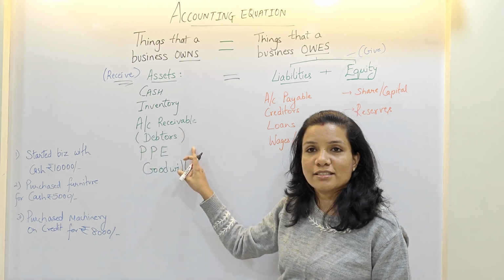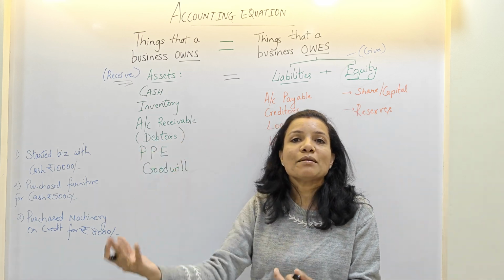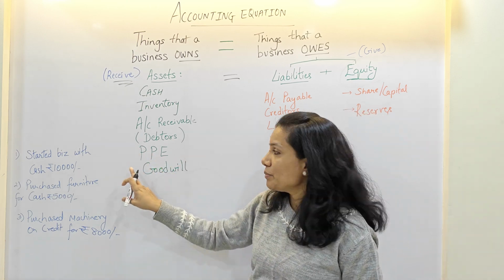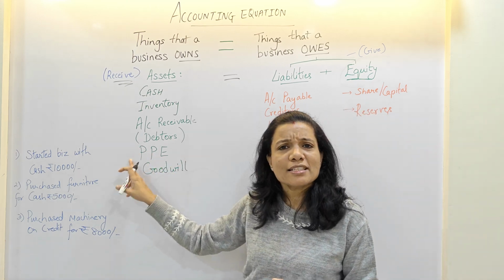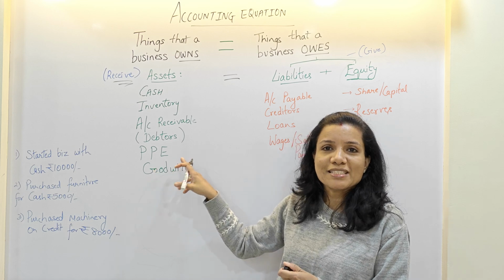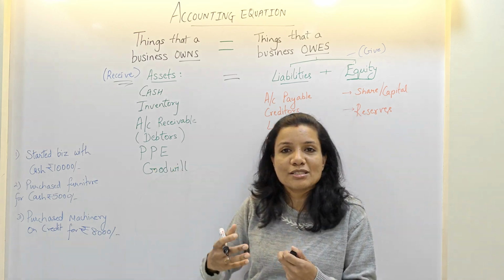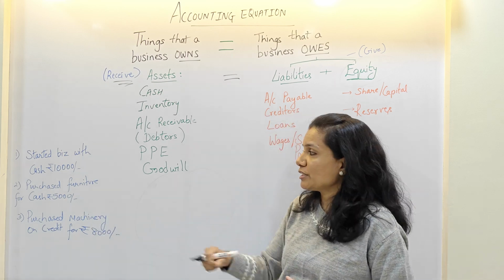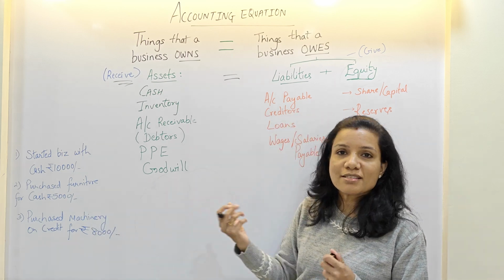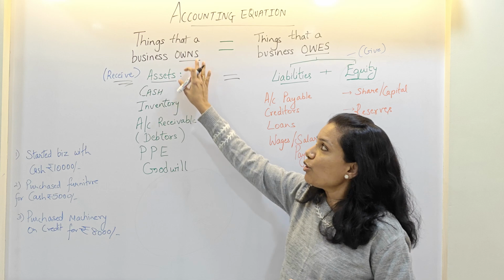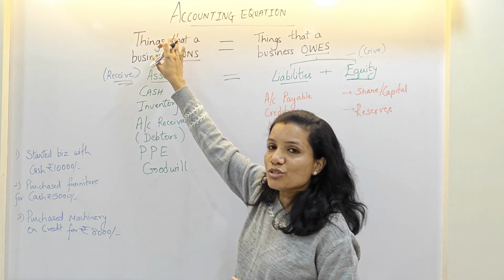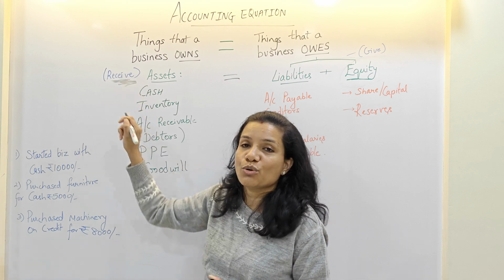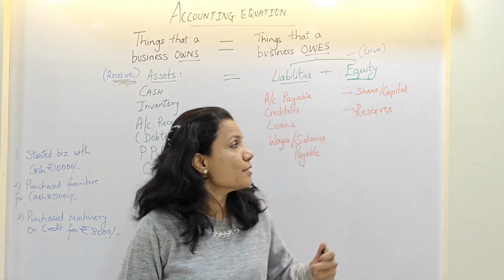Accounts receivables or debtors: these are the people who will pay money to the business. PPE, that is property, plant and equipment: plant and machinery, property or equipment are used for the purpose of business and the business will earn money out of them. Goodwill again will command some amount of money for the business. So things that a business owns represent those things from which the business gets some kind of benefit.